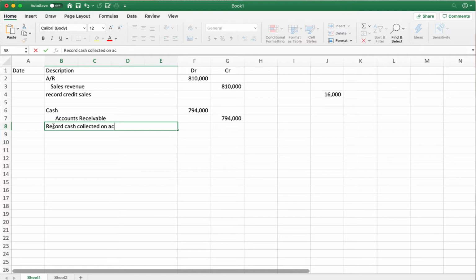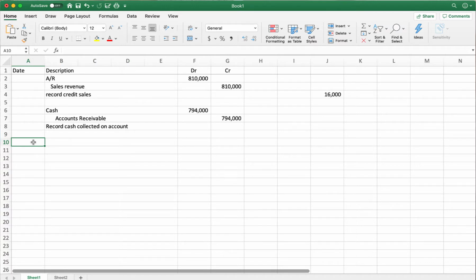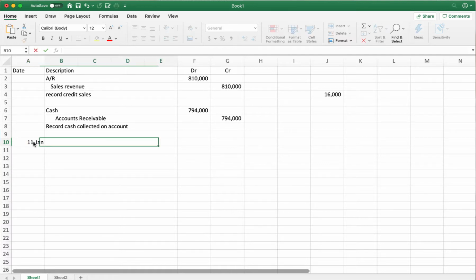collected on account. Okay? So the first one they tell us is that we wrote off J. Wolf account, $3,000. So on January 11th, J. Wolf owed us money. On January 11th, we said, you know what?